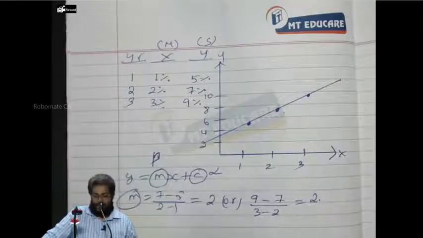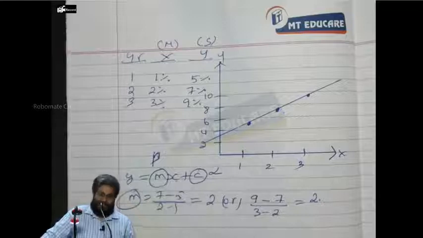Finished? Once the line with the 3 points is over, then put the numbers. Can I proceed or not?